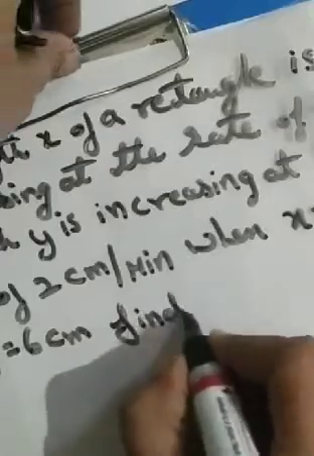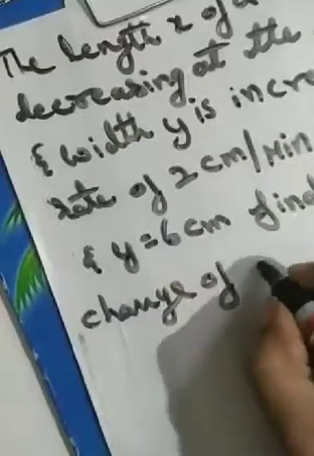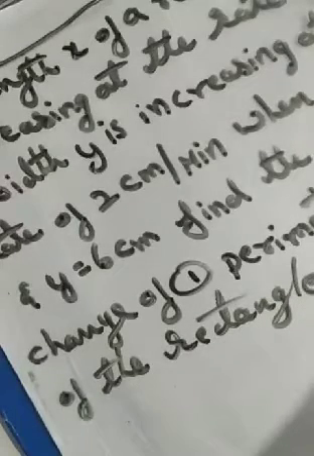Find the rates of change of, first one, perimeter, second one, area of the rectangle. So what has been given?